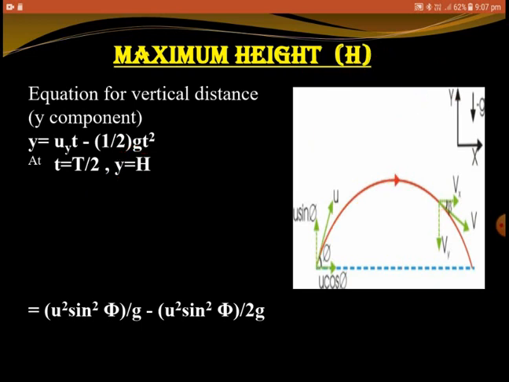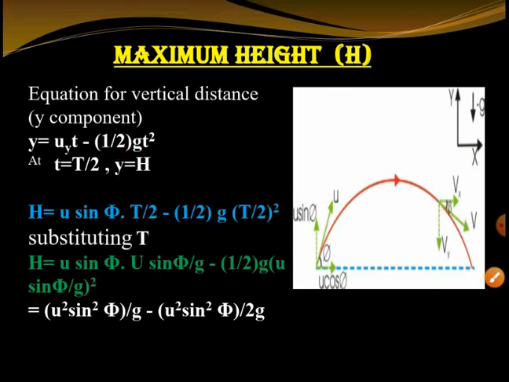If you put those substitutions, you can easily get that h will be equal to u sine phi times t by 2, plus half a t square, and instead of a you put minus g, t by 2 whole square. Substituting the expression of t that we just derived in the time of flight, t is equal to twice u sine by, what was that?